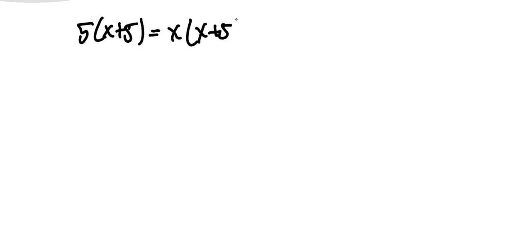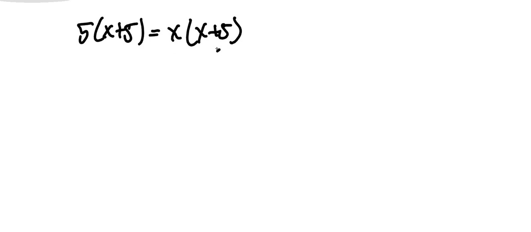Now, let's suppose that we have something like this. Let's say we have 5 times x plus 5 is equal to x times x plus 5. Well, the thing is we have multiplication, and whilst we do have addition, just because we have addition doesn't mean we can do it, because it's inside of the parentheses.